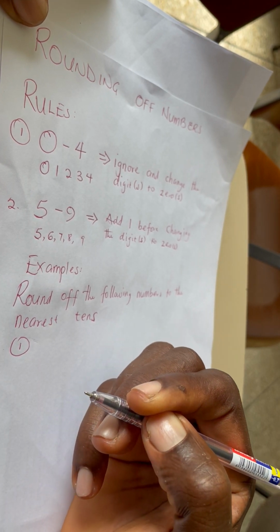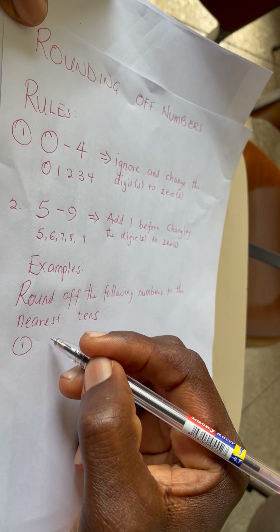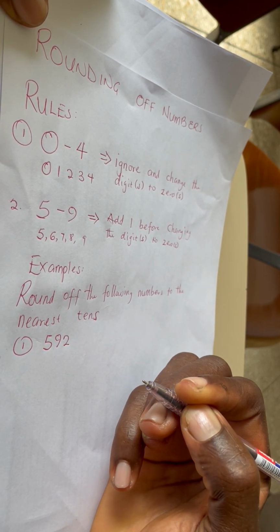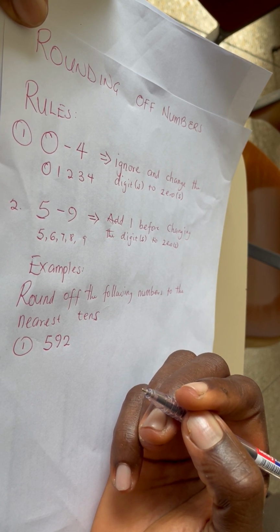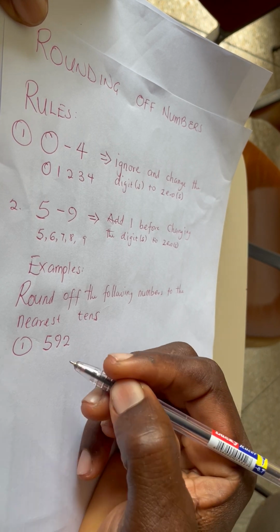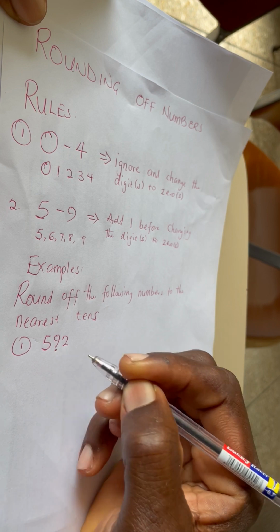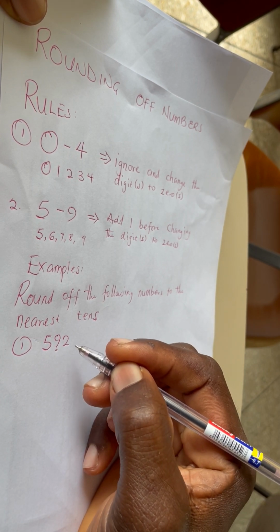So we have to round the following numbers to the nearest tens. The first example is 592 to the nearest tens. So you identify the number at the tens position. From our number, the number at the tens position is 9. Then we look at the digit to the right, and that is 2.